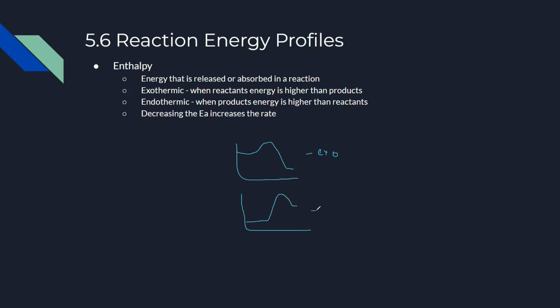So this is endo. So decreasing the activation energy can increase the rate, as we talked about in the last unit. The activation energy has to be enough in order for reactions to occur. So decreasing the activation energy allows for more particles to be able to meet the barrier and the demand of EA.